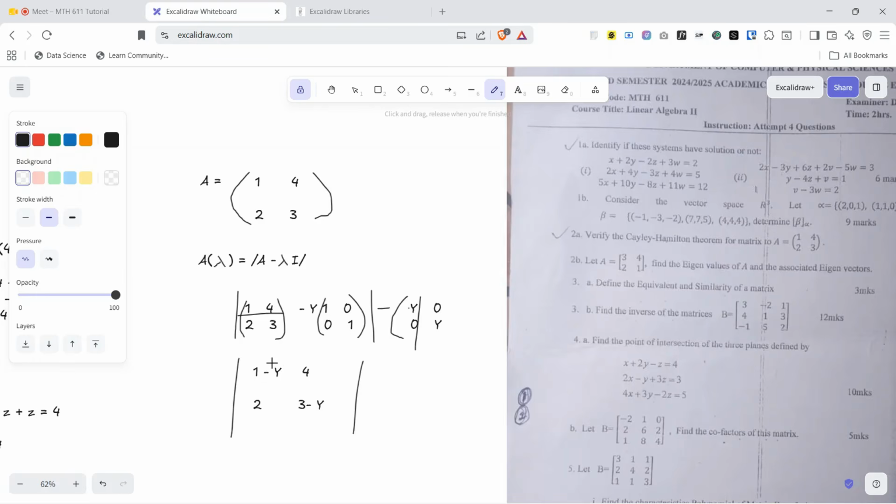So the only thing we have here is minus lambda. Did we get that?